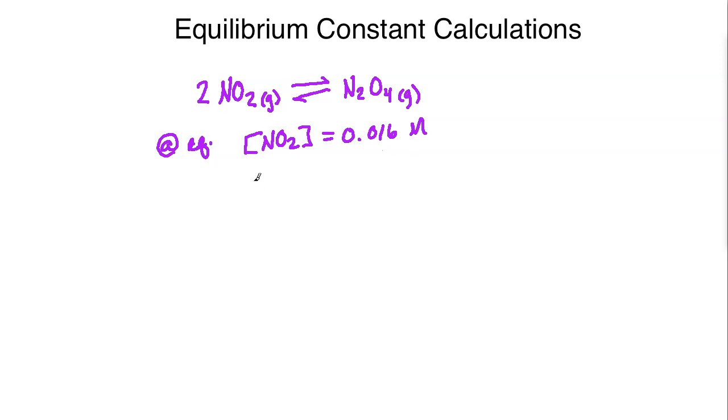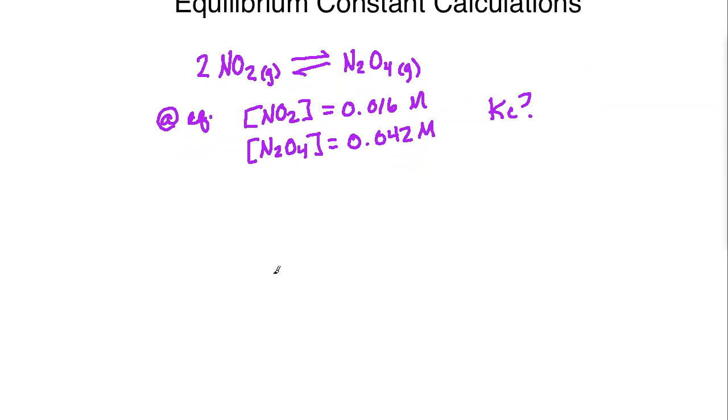And then it says that the concentration of the dinitrogen tetraoxide is found to be 0.042 molarity. All right, and then the question that it asks is, let's determine what Kc is equal to in this case.